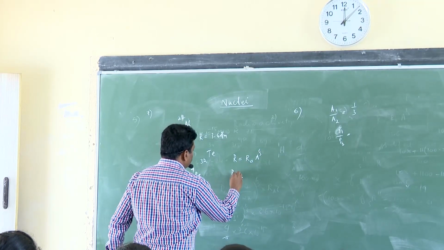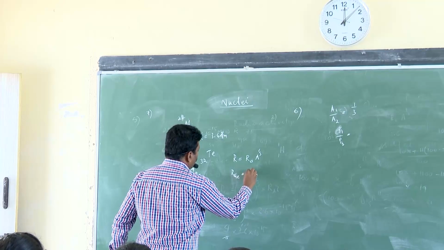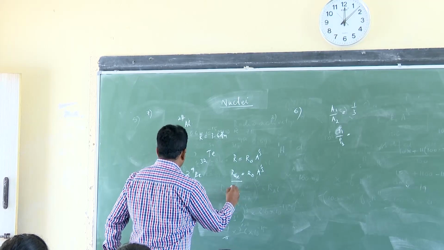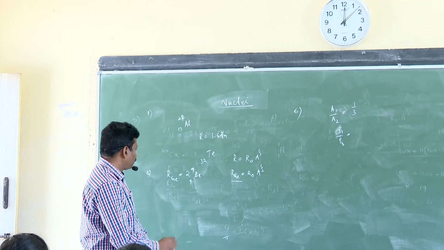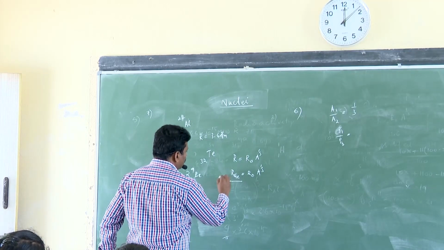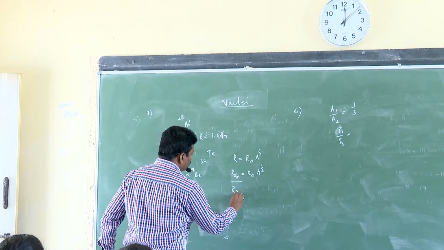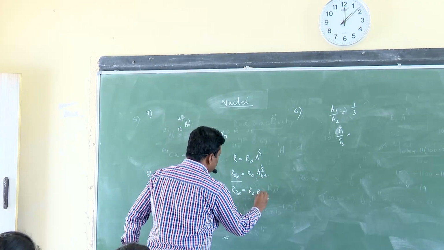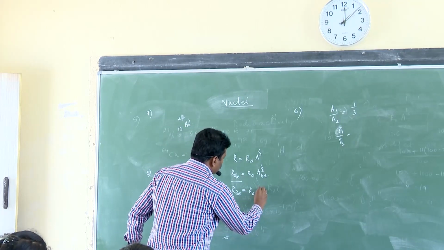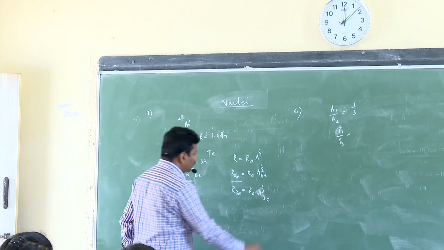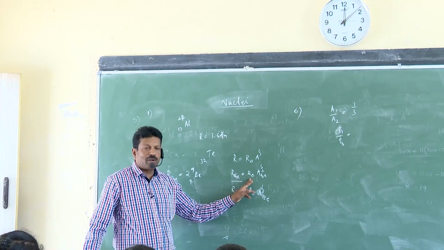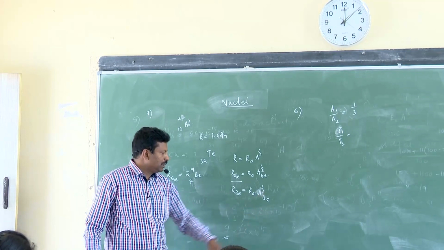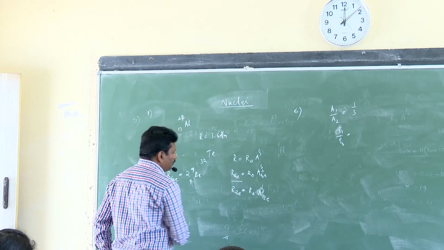The radius of germanium is R naught into A to the power of 1/3 for germanium, and the radius of beryllium is R naught into A to the power of 1/3 for beryllium. We have to find the radius of germanium.